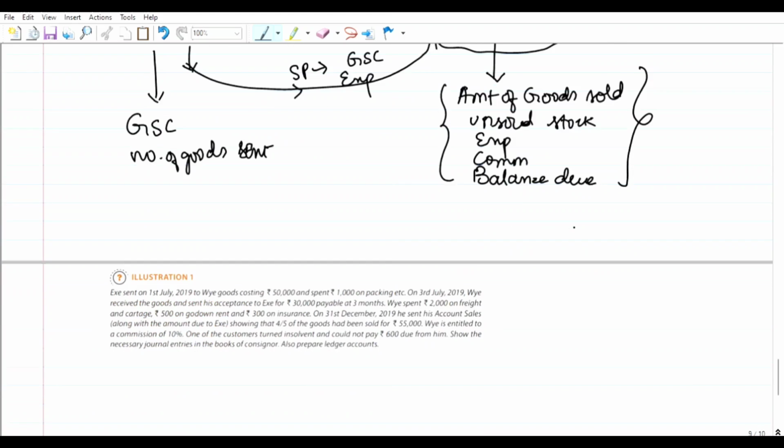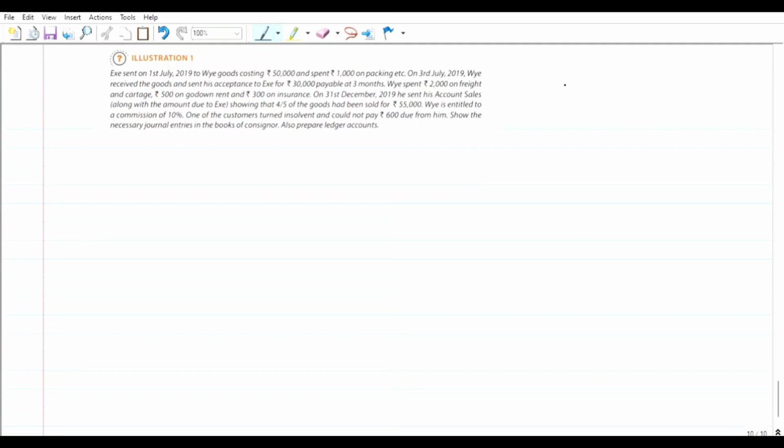Now let us go for the first illustration, and also we have seen that the consignee's expenses are 2,800, 2,000 plus 500 plus 300. Okay, and next one is what? On 3rd July 2019, and also we have seen all the things, right?